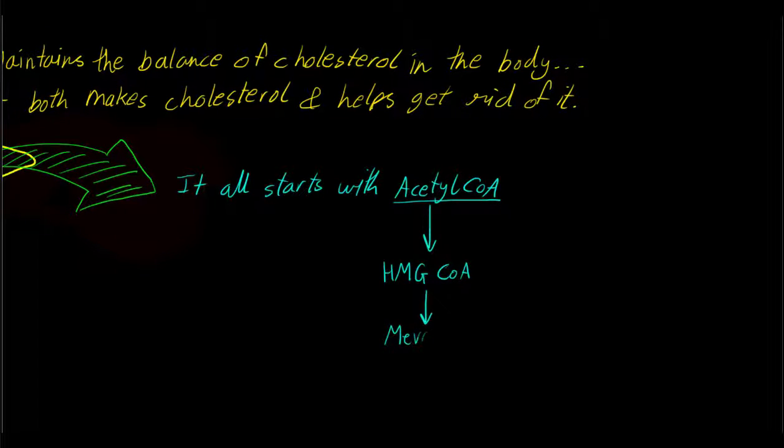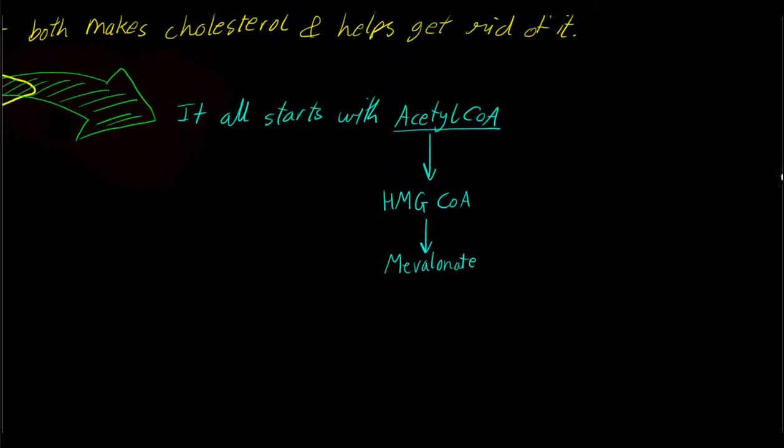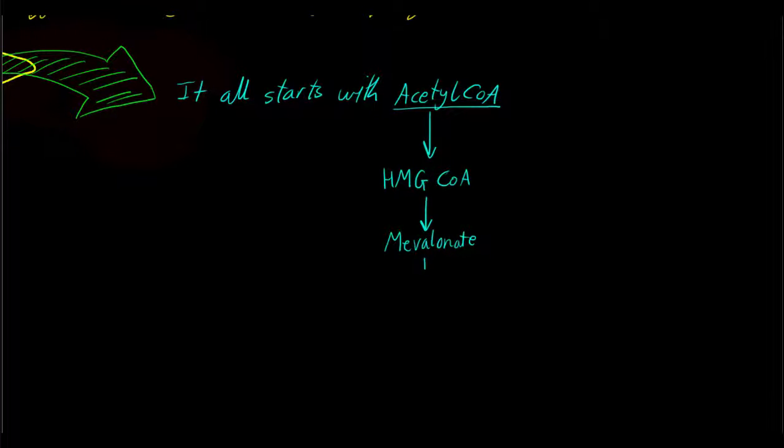You can find out about it if you're interested. But let's just call it HMG-CoA. This HMG-CoA is converted to mevalonate, another compound, and the mevalonate undergoes a variety of steps. There's so many steps involved, which will culminate and eventually result in cholesterol.